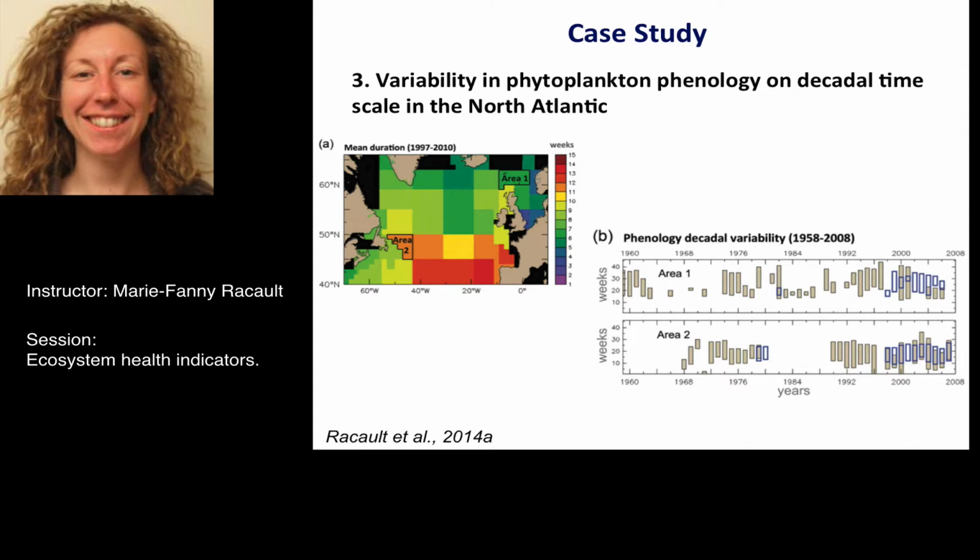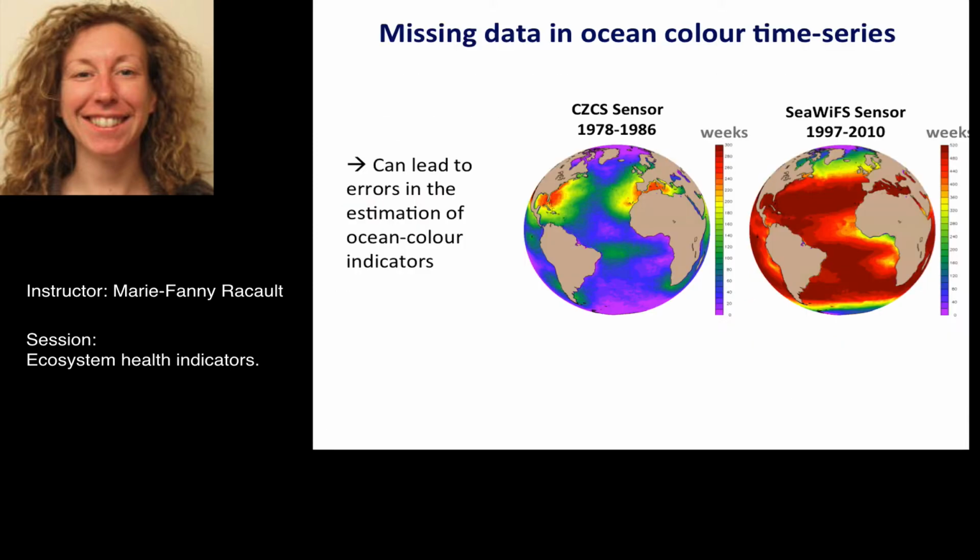This sensor was not switched on all the time, not collecting data all the time. It was mostly switched on when it was passing near the coast, and especially in the northern hemisphere. And it was operational between 1978 and 1986. So we have about 7 to 8 years of observations.